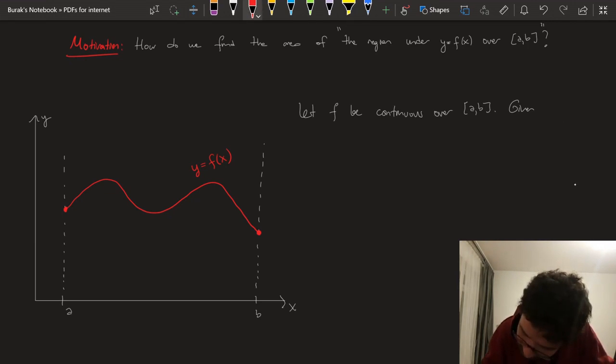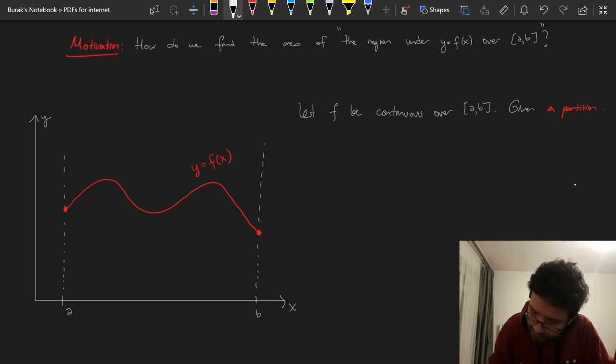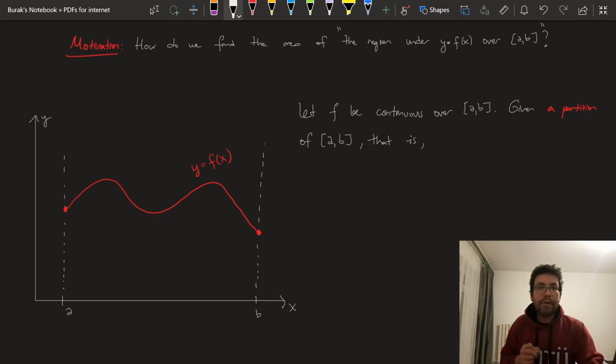Maybe I should just write this in red so that you'll see that I'm making a definition. Given a partition, that is a partition of AB, now what's the partition of AB? It's just a bunch of points in the interval AB where the first and the last points are A and B respectively.